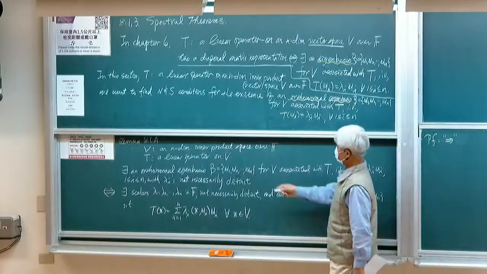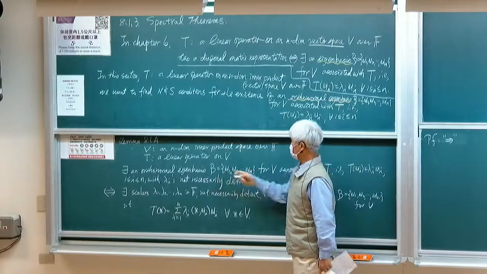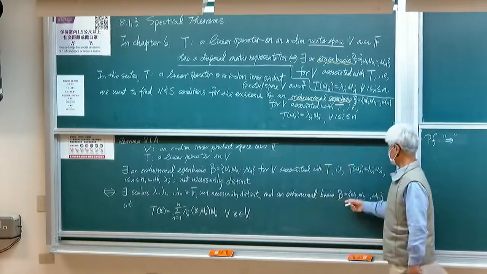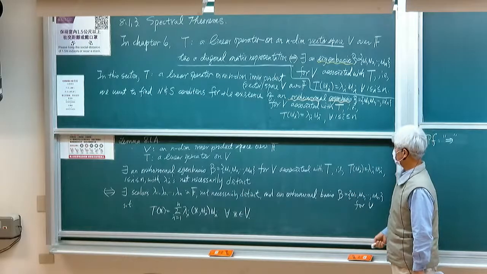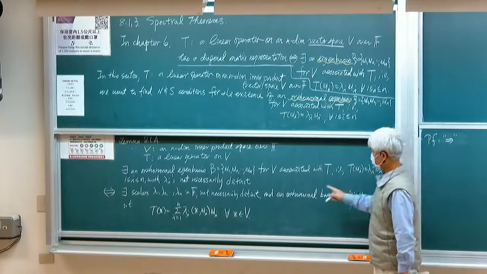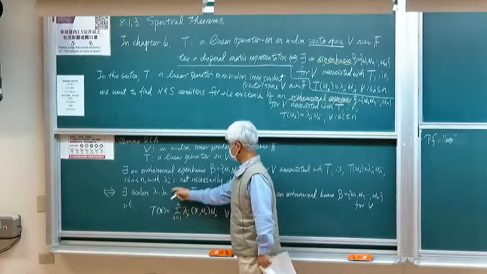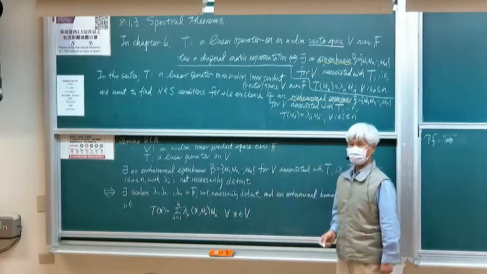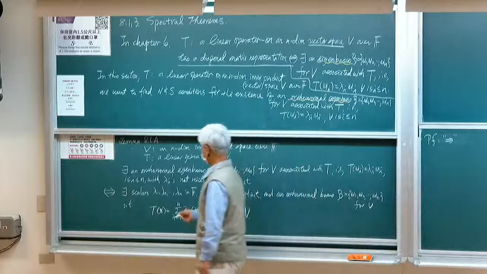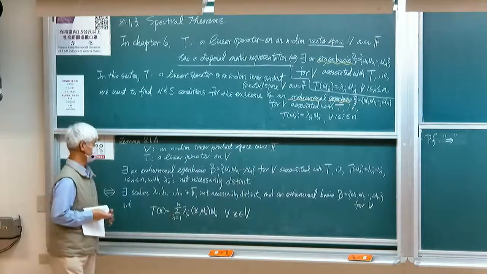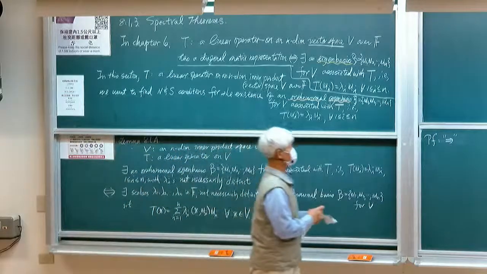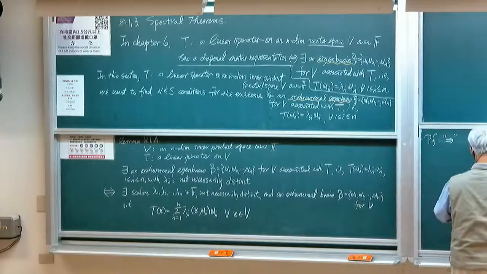Now, because this is an orthonormal eigenbasis, it's of course already an orthonormal basis, and the lambda i's are scalars. So we only need to prove that the linear operator T has this representation.